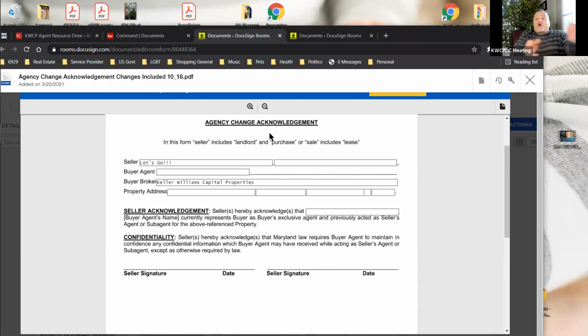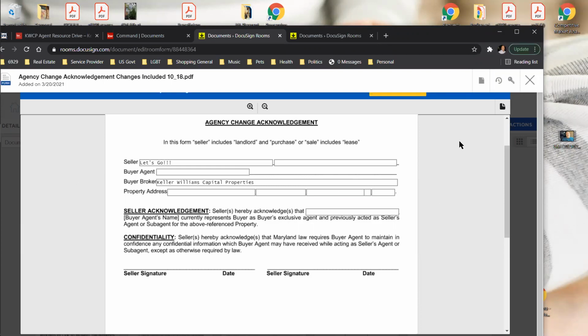Before this document, you were actually a subagent of the seller. Now you're changing your status with the seller to say, before I was a subagent of you, but now I'm representing the buyer and I'm changing my status. And then your seller is going to sign off on it here. Okay, thank you very much. My pleasure.